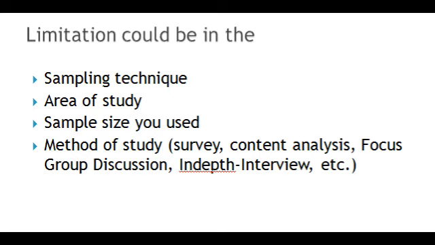Some persons include time and money as limitation of study, but we said that limitation of study has to do with flaws or weaknesses in the methodology. So, time and money can only come in if you explain them well. You have to give the reason well. For instance, somebody could claim that due to lack of resources, he or she could not expand the study beyond a small community or beyond a state.